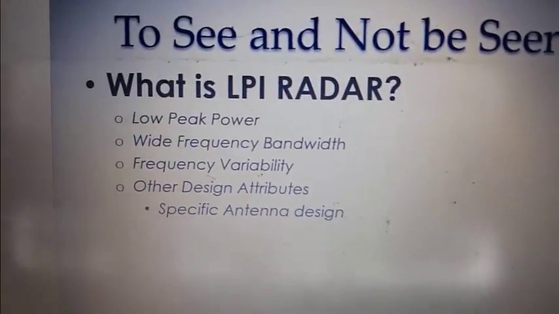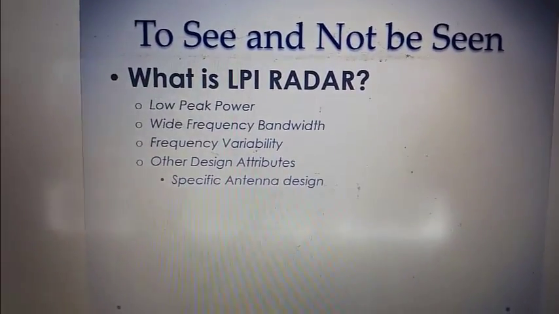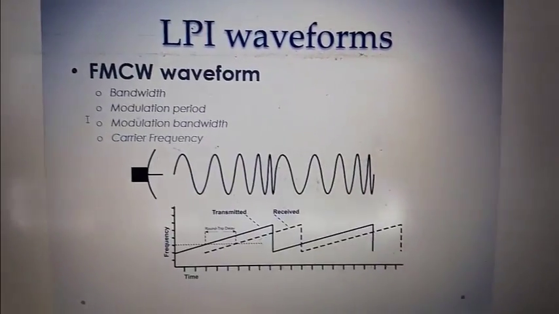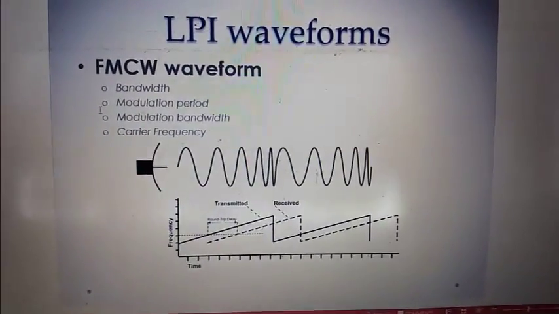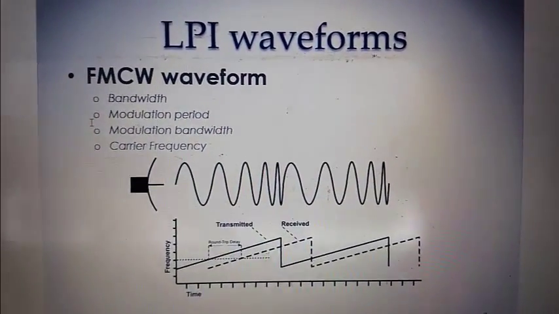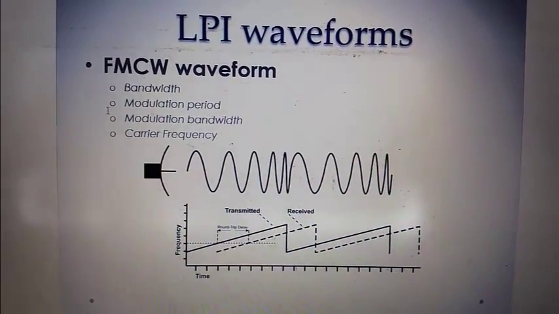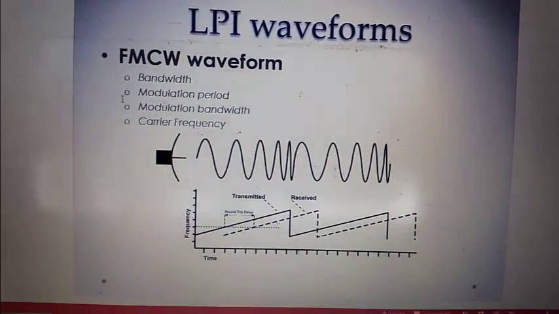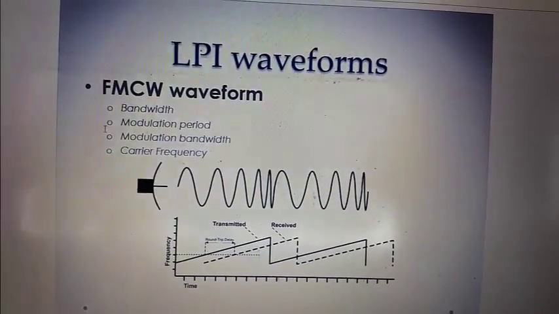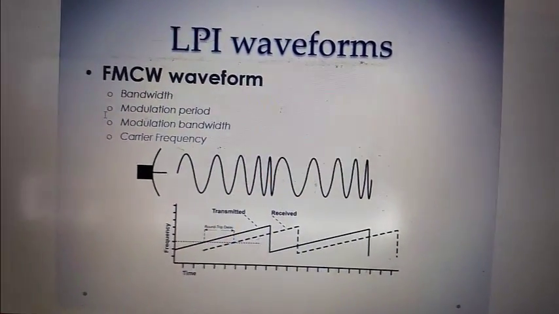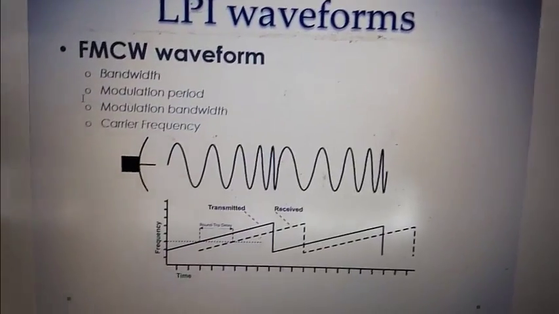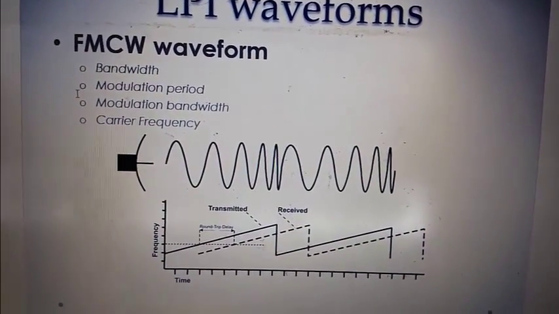The first one is the frequency modulated continuous waveform. I talked about this in my presentation today. Basically, in the name it says it's frequency modulated, meaning that the frequency is changing over time. This makes it hard to detect.